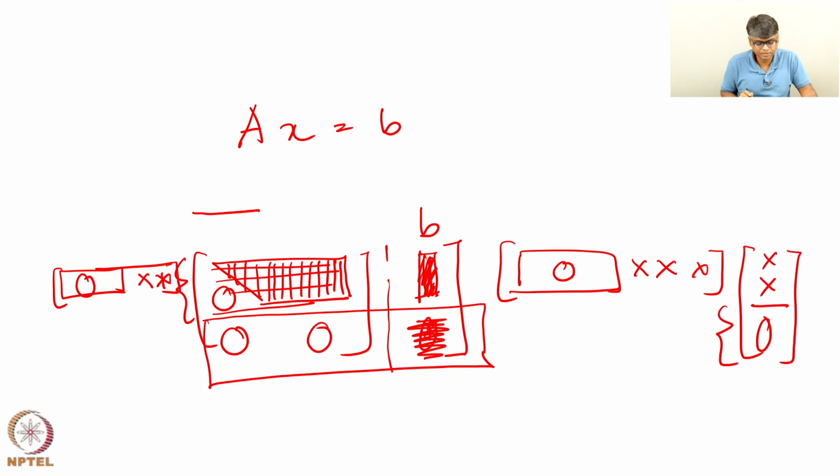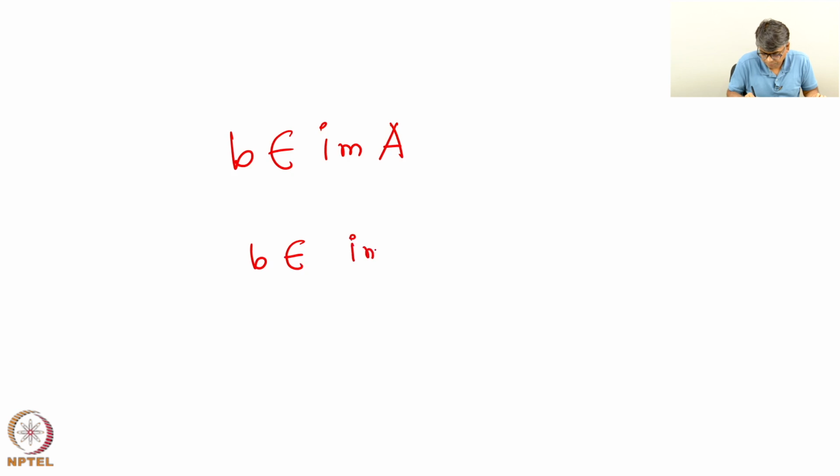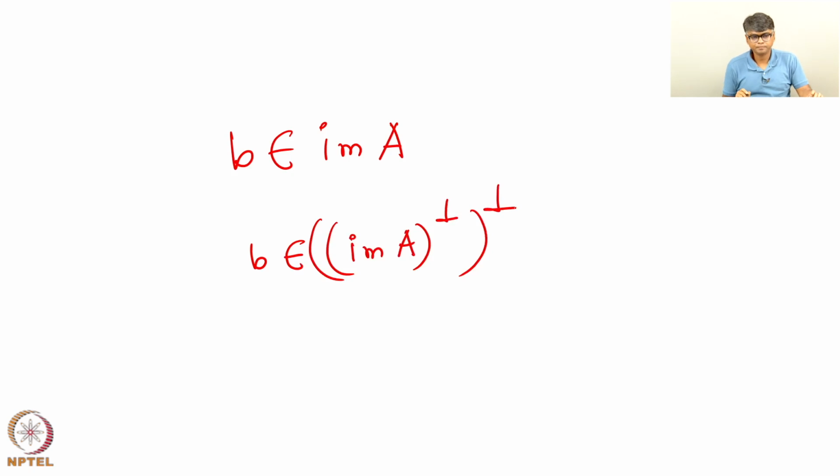Or if you want more sophisticated language, what this means is we are interested in whether b is in the image of A, but that's the same as saying that b should be killed by the vectors that are orthogonal to A, which means b must be in the double perp. Listen carefully. b must be killed by everything that kills the columns of A.